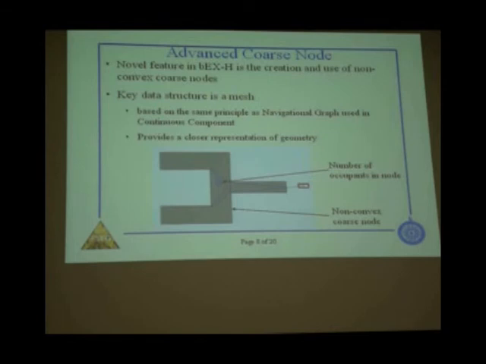However, this might not be sufficient for modeling all the complexities and intricacies of a building. In Building Exodus, there's a novel feature which allows the creation and use of non-convex coarse nodes. And such coarse nodes can provide a closer representation of the geometry. The key data structure behind the advanced coarse node is a mesh which is based on the same principle as the navigational graph used in the continuous component.